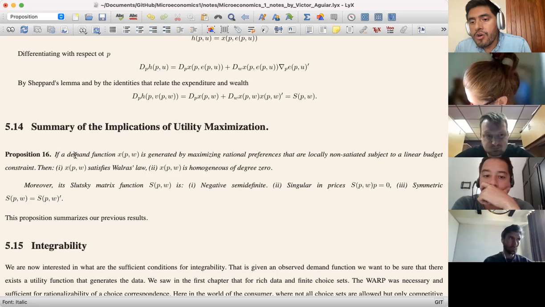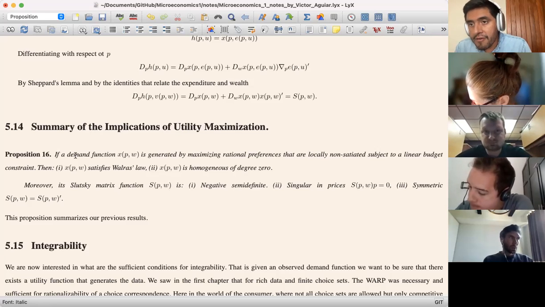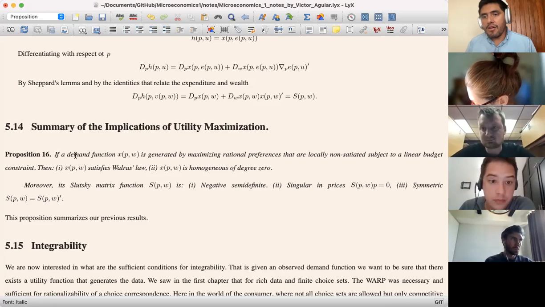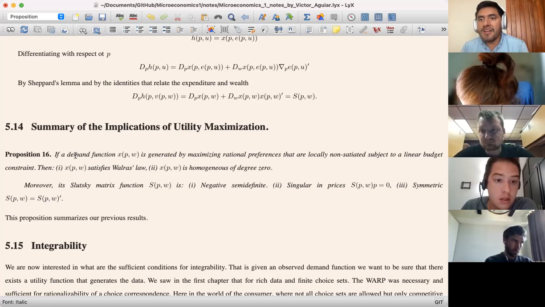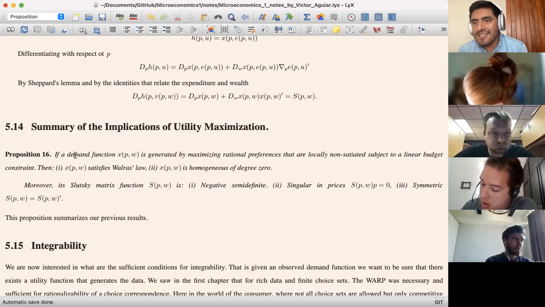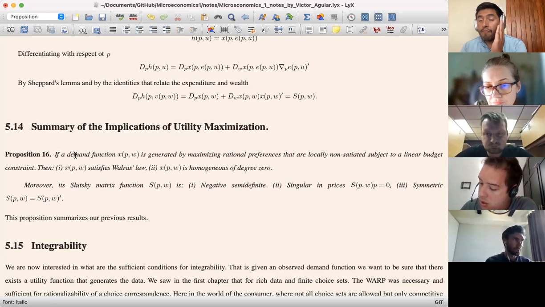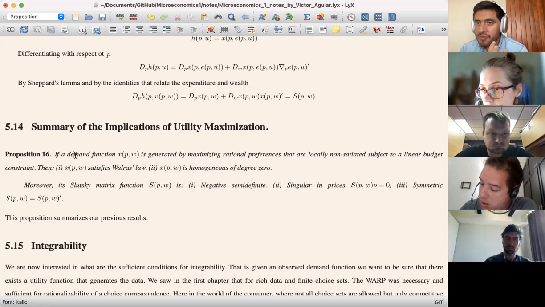So I described the generalized axiom of revealed preference, and we're going to revisit it at the end of this class, right? And we're going to understand it in this context with linear budgets, with a Euclidean space of choices. So everything is going to come back to the chapter that we started our course with. But in between, we're going to get this study of the Slutsky matrix, which is a differential version, okay?